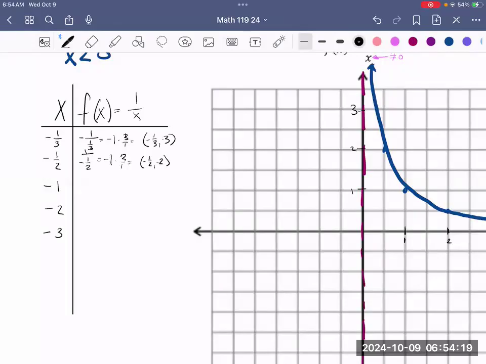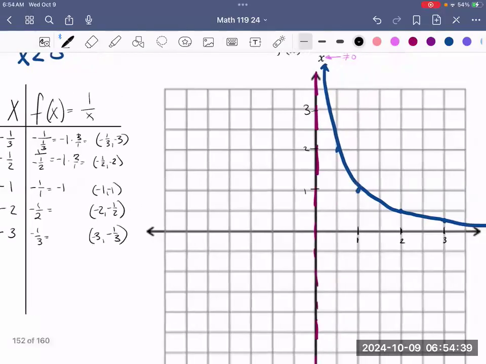Sorry, these are both negative values. Negative 1 over 1. Negative 1 over 2. So we're going to be in the third quadrant where both of your values are negative.